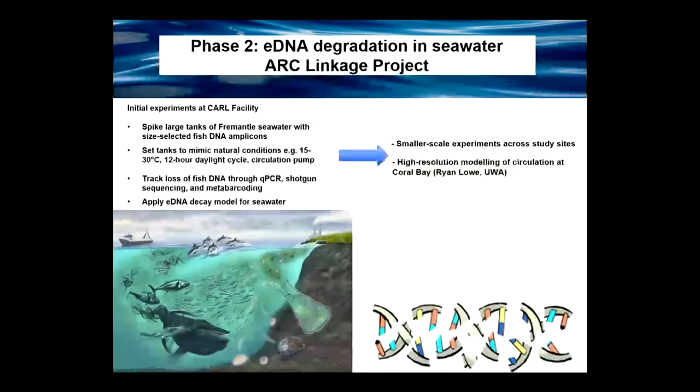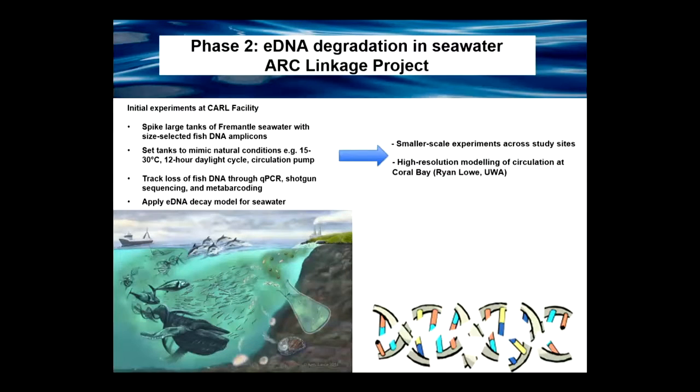The second phase of this project involves more ground truthing, so a lot of aquarium kind of trials. So basically taking seawater in tanks and spiking it with DNA that you know the size of and you know the amount of, and then subjecting it to different temperatures to see how quickly or how slowly that DNA degrades. So they're really interested in applying these eDNA decay models to the studies, to ground truth them as well.